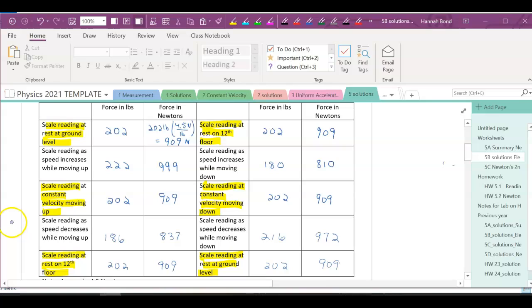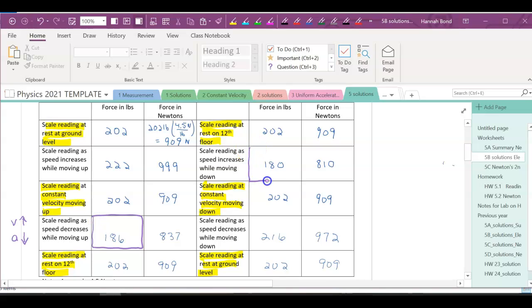So in that situation, the man is moving upward, right? He's on his way up to the 12th floor, but he's slowing down. And since he's slowing down, acceleration is in the opposite direction, and so acceleration points down. So that's one of these situations where the scale reading is less than his weight.